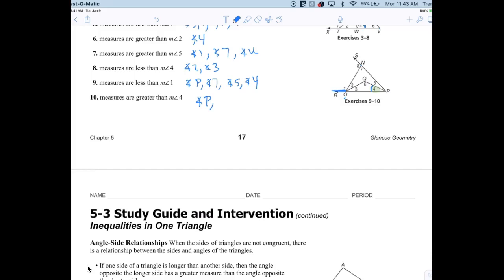Because why? Because 1 is greater than 4 and 5, right? Therefore, yes. Angle 1. That's what I'm saying. See, people say things and it messes you up. All right, what else?